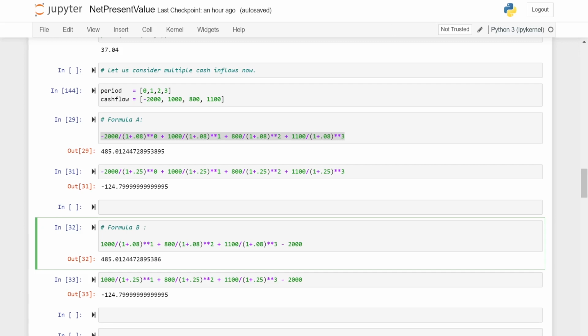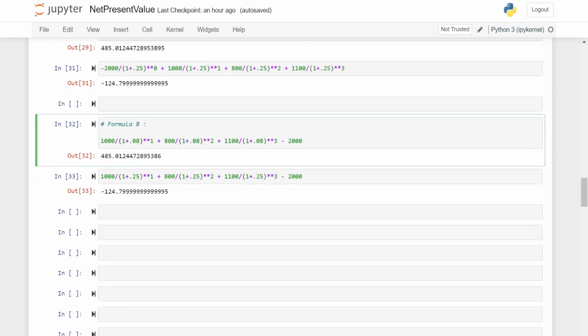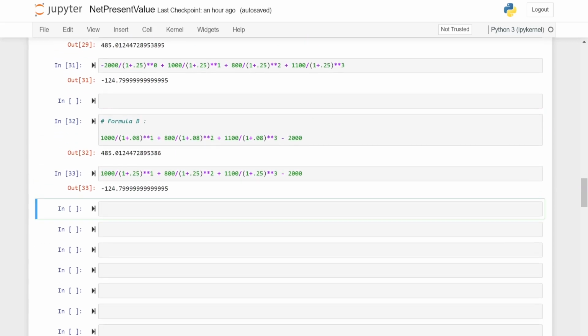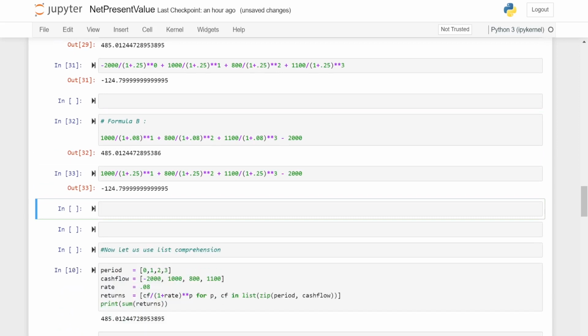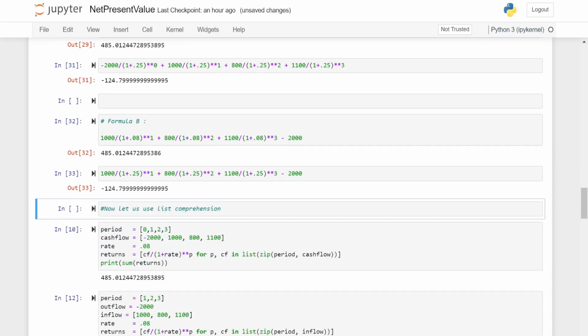Will we keep writing to the power 1, to the power 2, to the power 3, 4, 5, 6? It will be susceptible to errors. So we should not write like this. What we will do now is use list comprehension in Python and do the calculation.